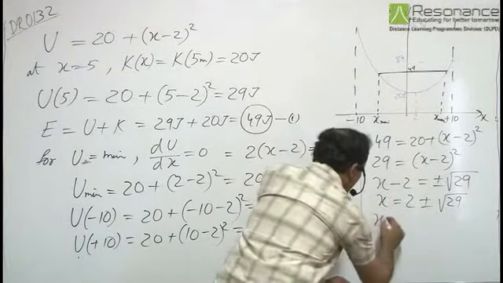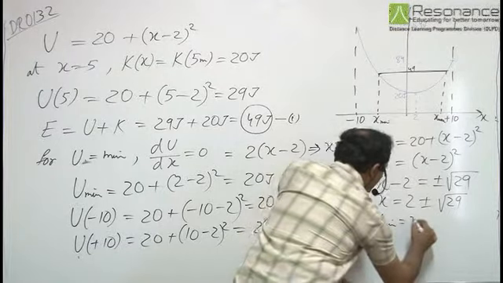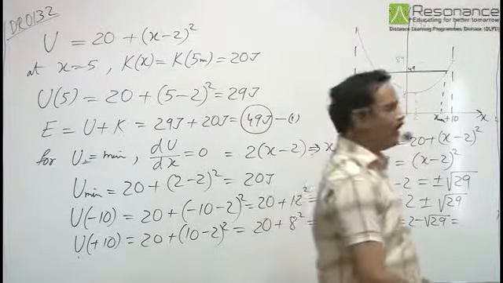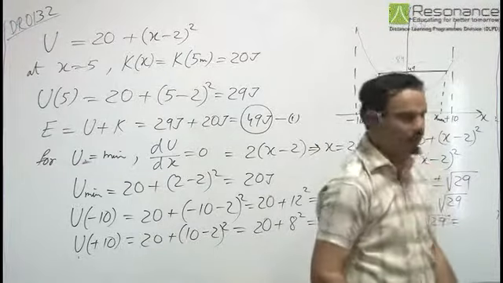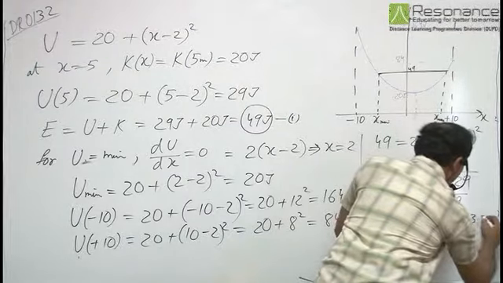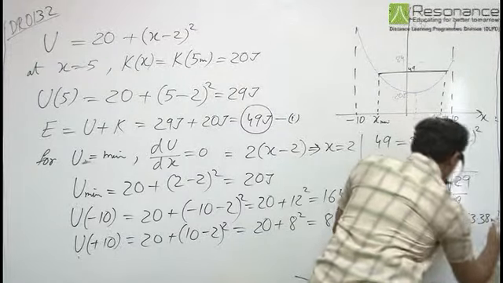So from here we have x minimum as 2 minus root 29, and root 29 is a little greater than 5, it is 5.38, so it comes out to be minus 3.38.